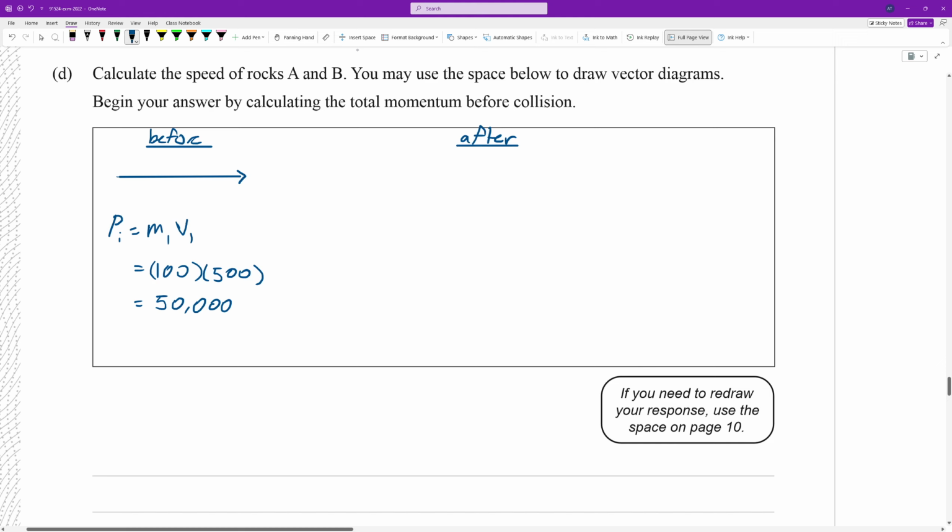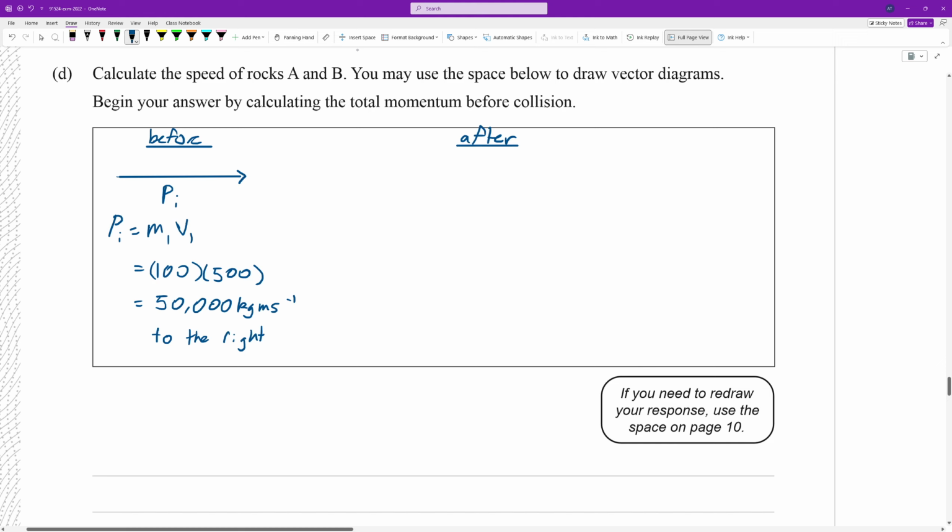And what are the units? Well, mass is in kilograms, speed is in meters per second. Awesome. Now momentum is a vector, so it needs a magnitude and a direction. So I'm going to just remind myself this is to the right. My diagram also shows that.